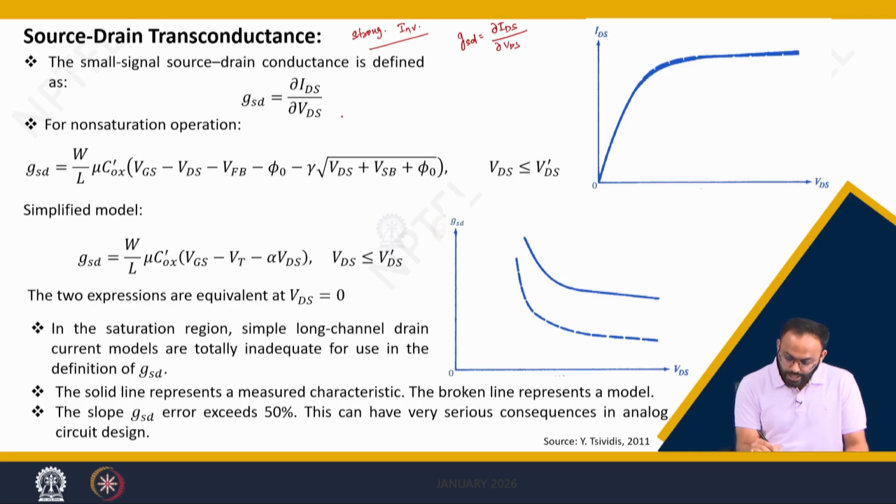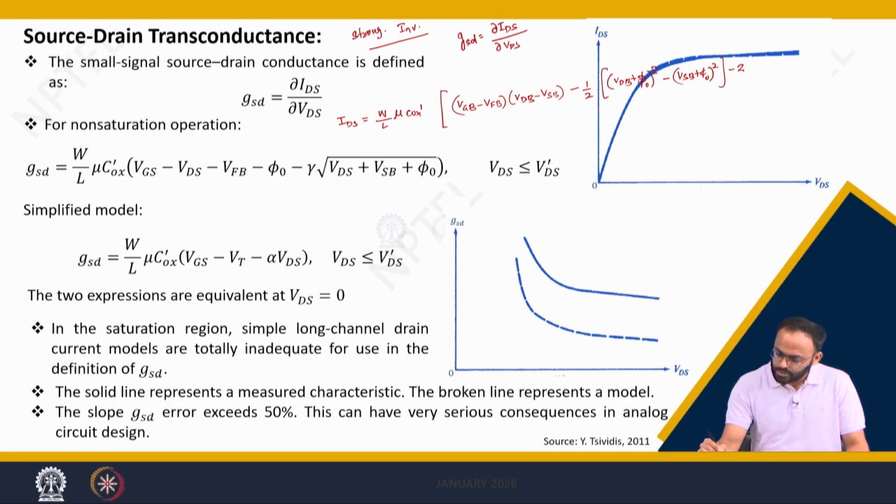We have just seen the current equation in strong inversion can be written as W divided by L mu into COX dash into VGB minus VFB into VDB minus VSB minus 1 by 2 into VDB plus phi naught whole square minus VSB plus phi naught whole square, minus 2 by 3 gamma into VDB plus phi naught to the power 3 by 2 minus VSB plus phi naught to the power 3 by 2.